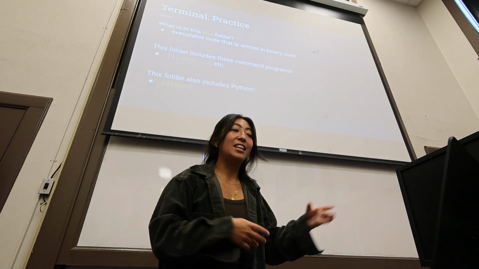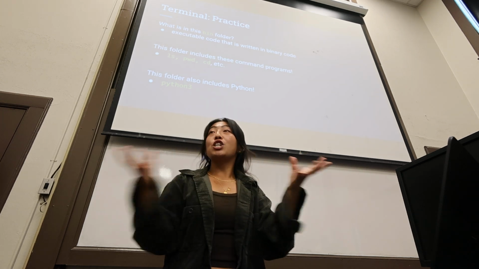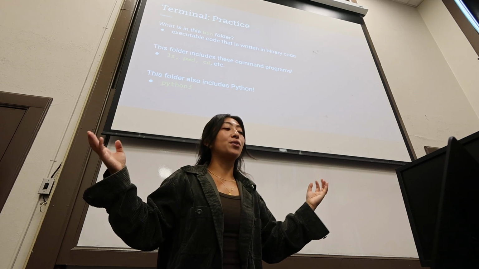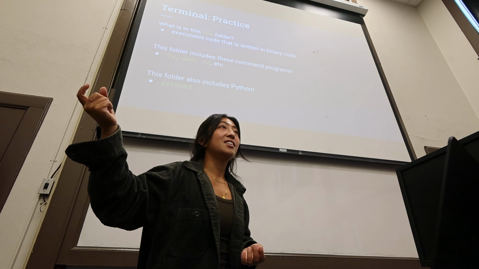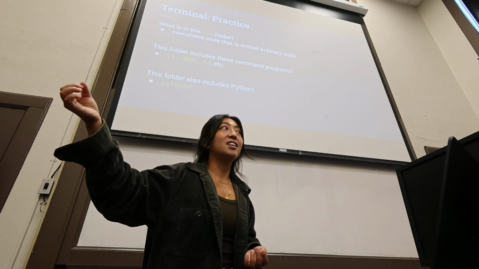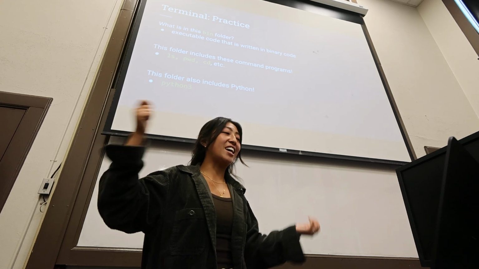So what is really in this bin folder? It is executable code, a bunch of different programs that you can run, and it stands for binary, because what is binary code? Zeros and ones, right? And what does the machine know how to read? Just zeros and ones, right?